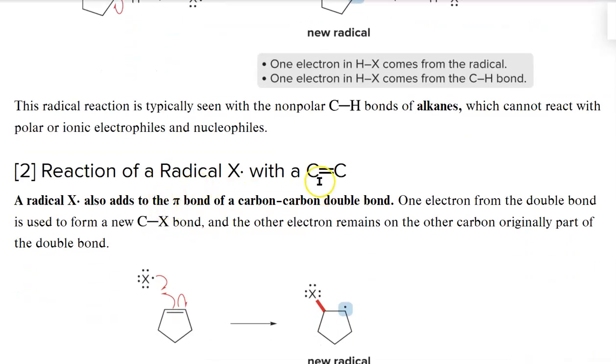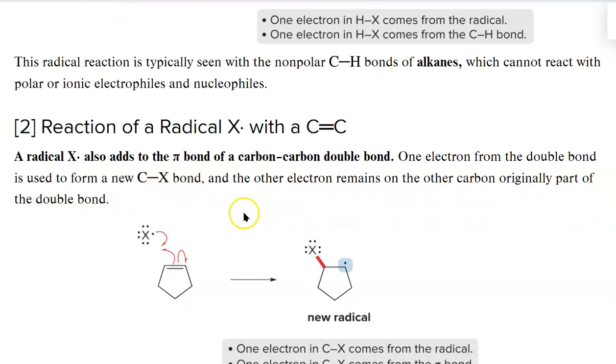You can also react a radical with a carbon-carbon double bond, and what it's going to do is add to the pi bond. So you've got a pi bond in here, and there are two electrons in that pi bond. We can take one of those and put it with the one electron shown on this fishhook arrow from the halogen to create a new sigma bond right there, shown in red.